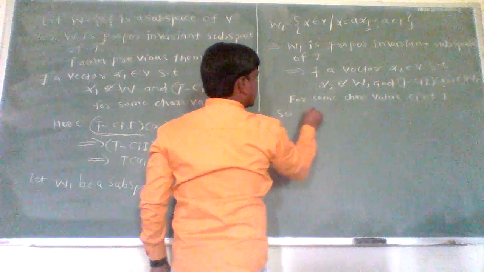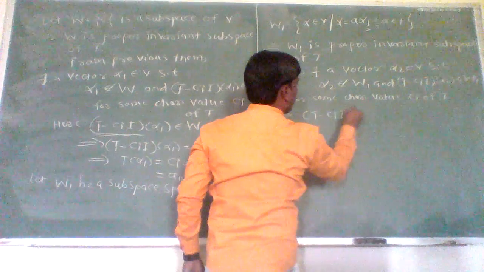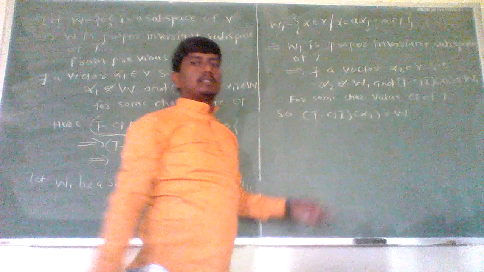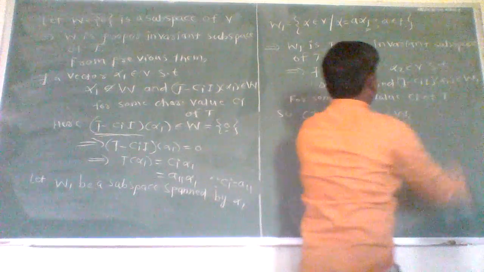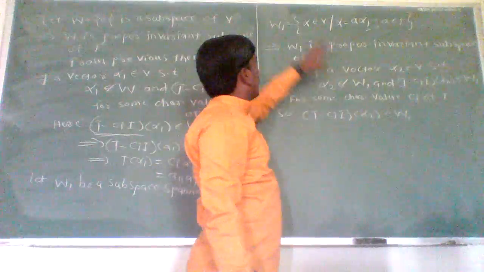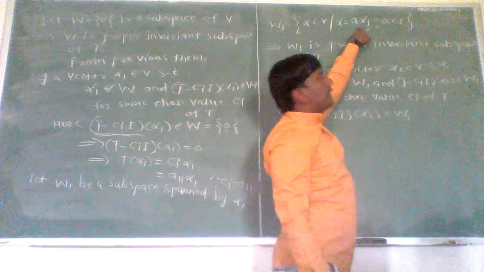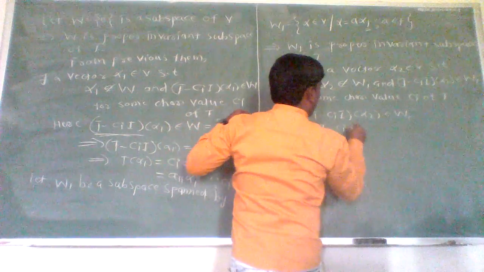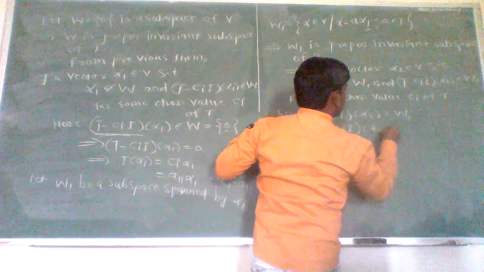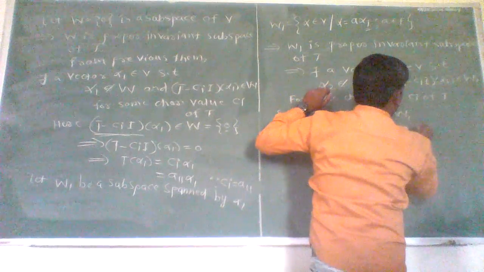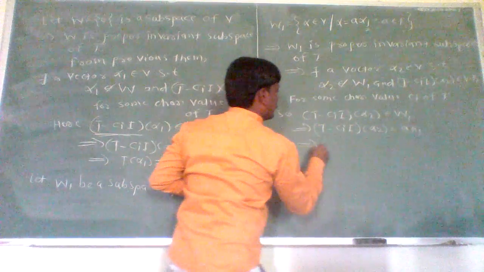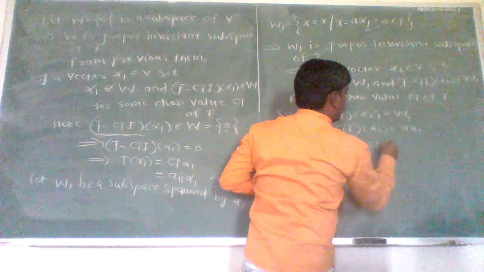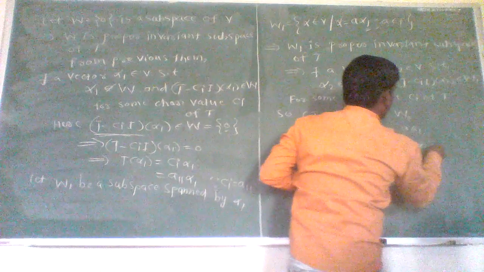So T minus Ci of alpha 2 belongs to W1, which is a subspace spanned by alpha 1, and the elements in W1 are of the type a into alpha 1. So T minus Ci of alpha 2 is of the form a into alpha 1, which is nothing but T of alpha 2 minus Ci into alpha 2 equal to a into alpha 1.